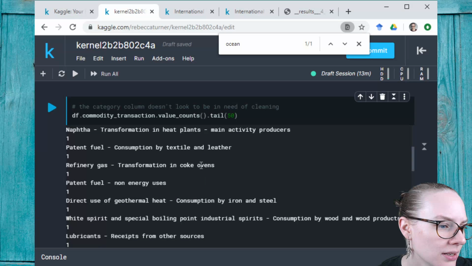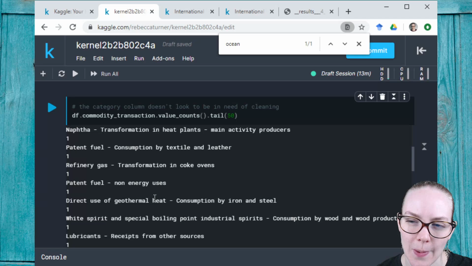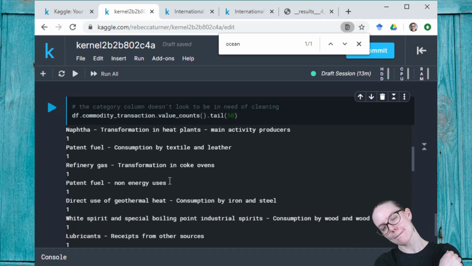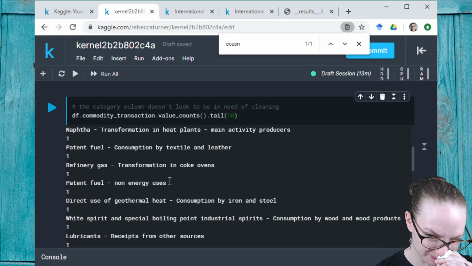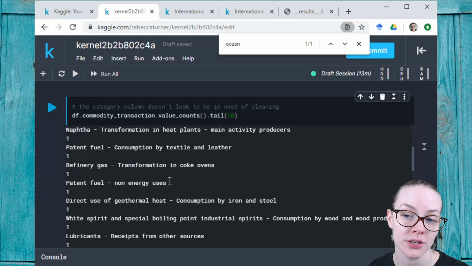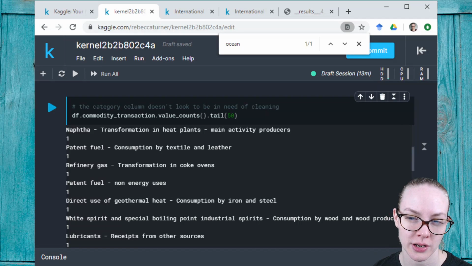So let's get a little bit less specific here. Sorry, I'm thinking about what would be most useful for this moving forward. Because these long text strings aren't super useful if you're working with data in a tabular format.